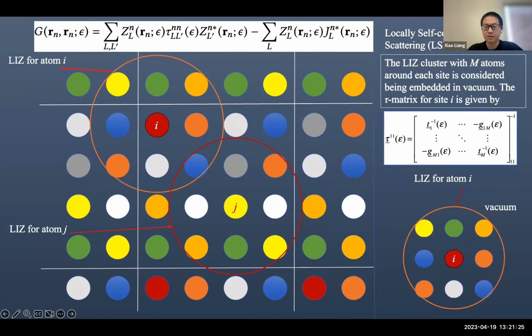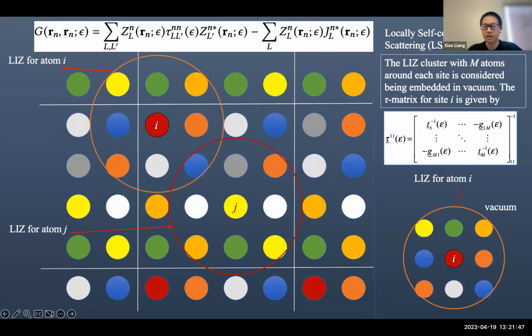In this way, the Green's function on each atom site is obtained by building the KKR matrix by only considering the atoms in the leads. When the lead size is fixed, the rank of the KKR matrix is fixed. This method is called the locally self-consistent multiple scattering, the LSMS.